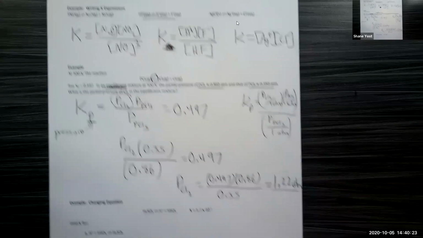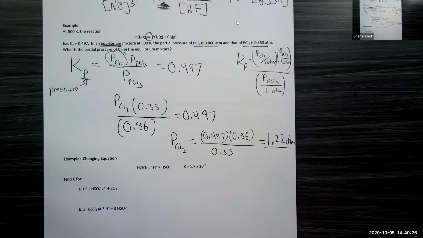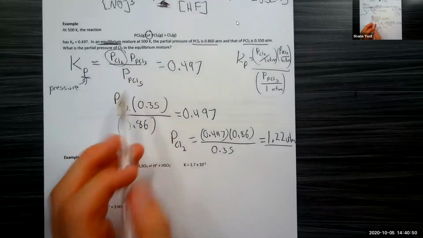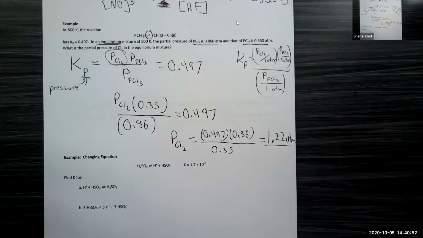So the partial pressure of Cl2 is 1.22 atmospheres in this equilibrium mixture. We know it has to be 1.22 atmospheres because that is the partial pressure that satisfies our equilibrium constant expression, which is always satisfied at equilibrium. At equilibrium, those ratios of pressures of Cl2, PCl3, and PCl5 will always produce a numerical value of 0.497.